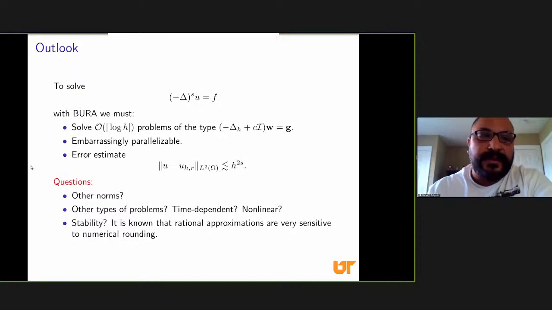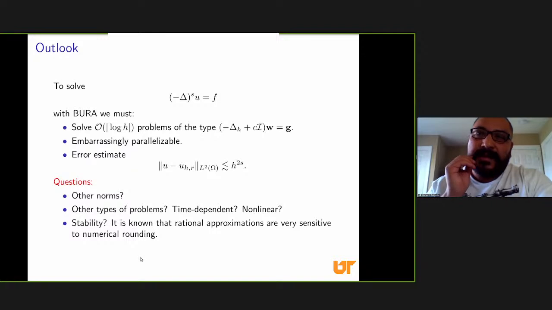There are questions here to be addressed, for instance, how to do an error analysis in some other norms, how to deal with some other types of problems, for instance, time-dependent ones, nonlinear ones.